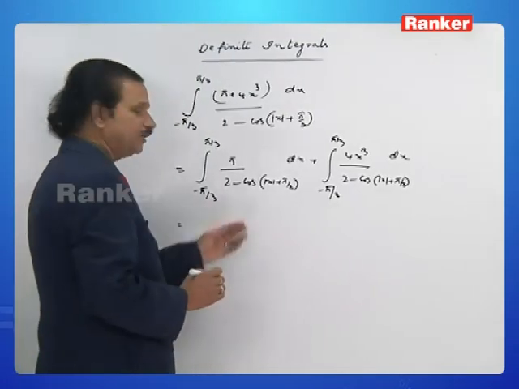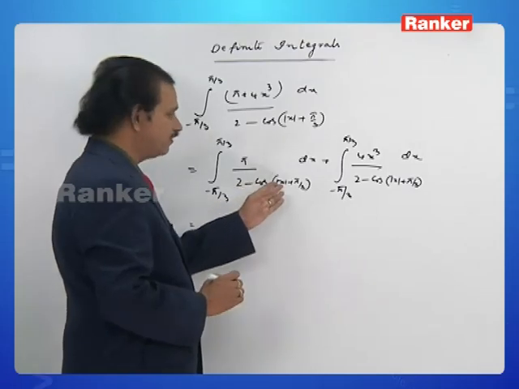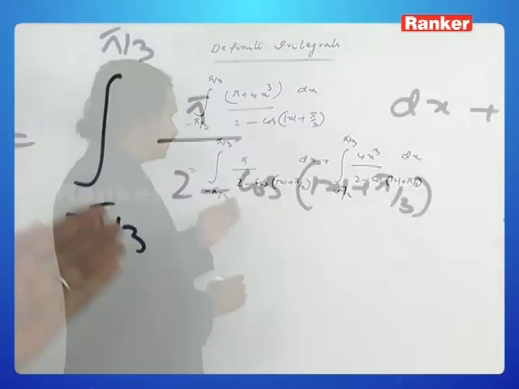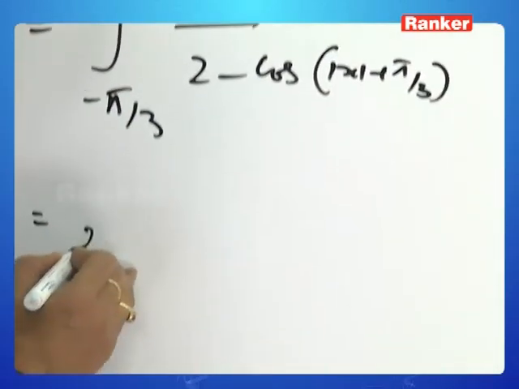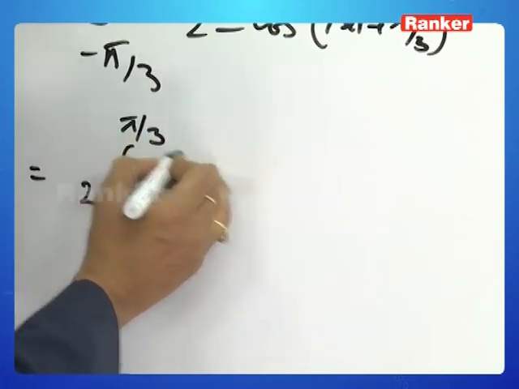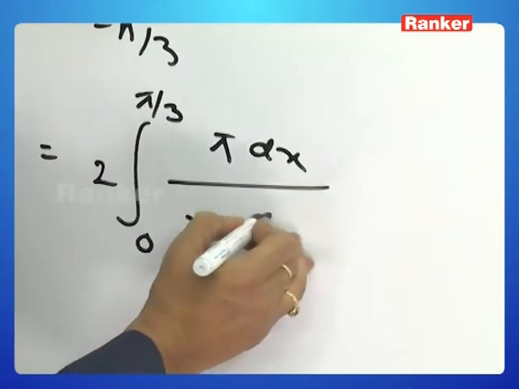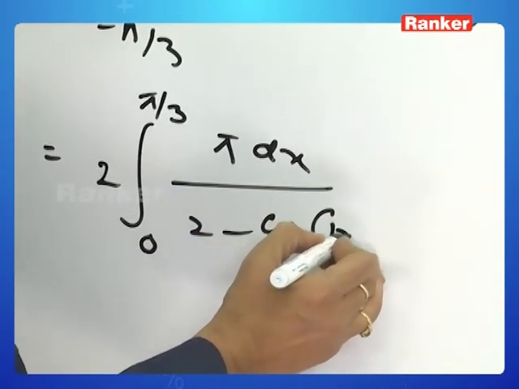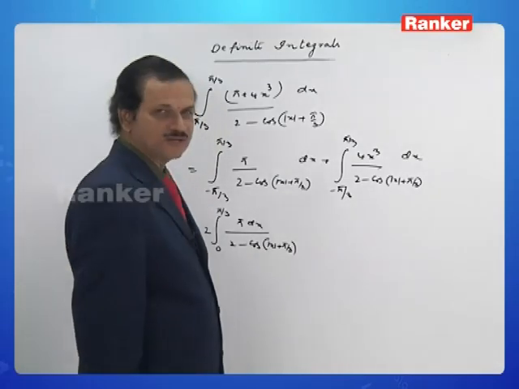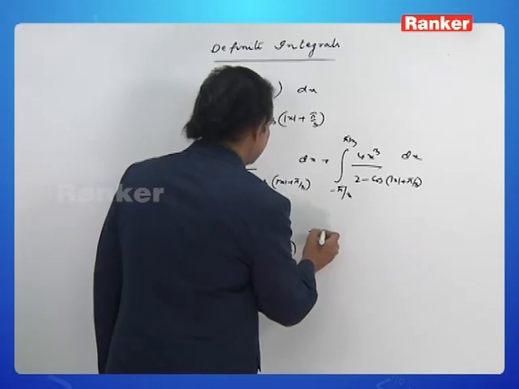Moreover, you please observe, this is an even function, isn't it? Even if you put minus x in the place of x, there will be no change at all. Hence, this can be written as 2 into integral 0 to pi by 3, pi dx by (2 minus cos of mod x plus pi by 3), plus 0.